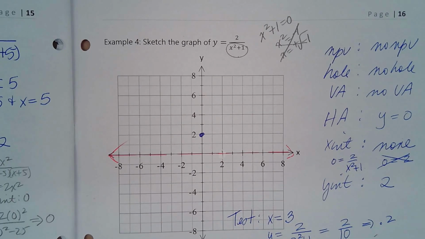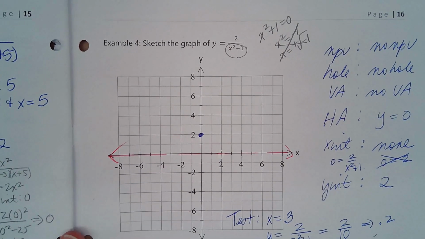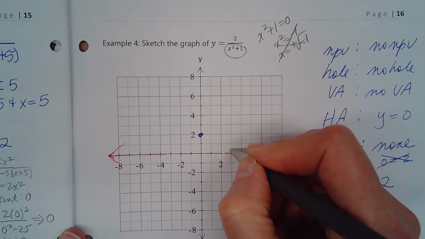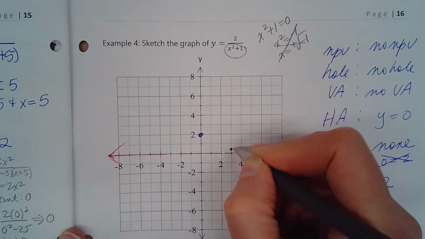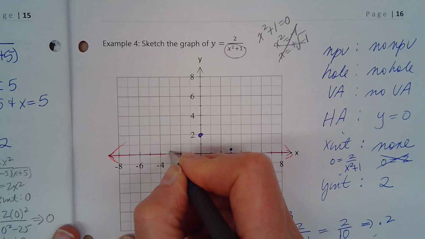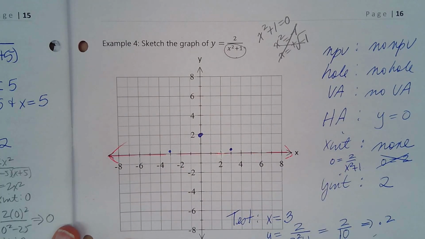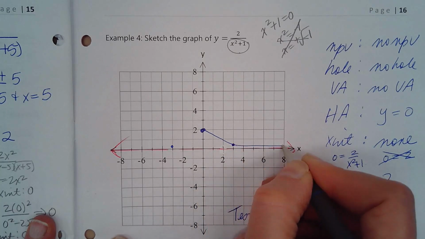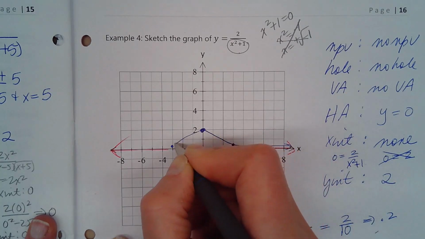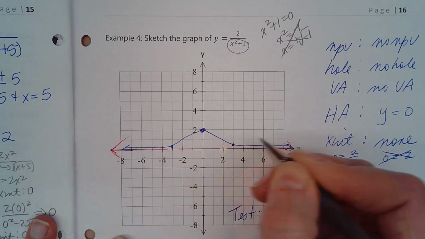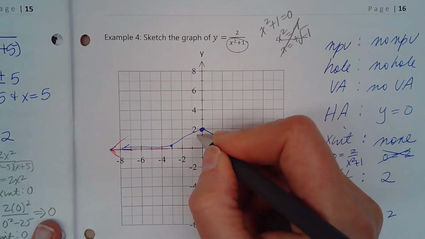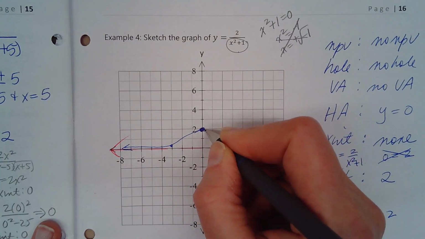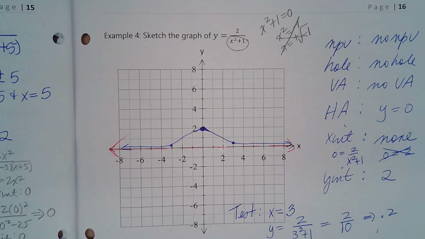Which is 0.2, a very tiny little number. So when x is 3, y is going to be just really close to the x-axis. Same thing will happen over here. So I guess just remember no sharp corners, right? Make it nice and rounded. And that's about all you can do for this guy.